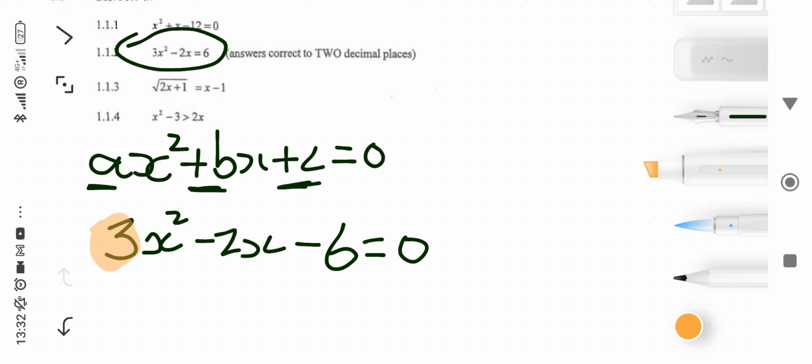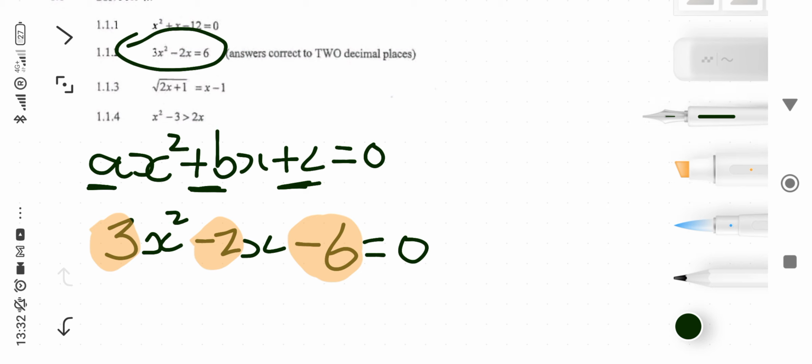Our B value, and this is important, is not the 2, but it's the minus 2. So it's important for us to remember that the sign in front of the number goes with the number. Similarly, the C over there is not the 6. It is the minus 6. So remember to take your sign with you as you go into your quadratic formula.